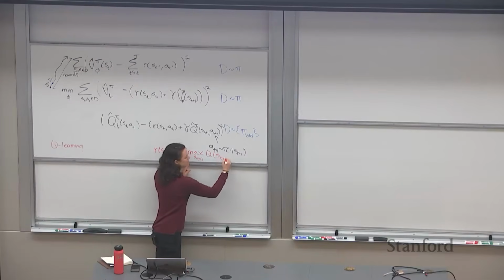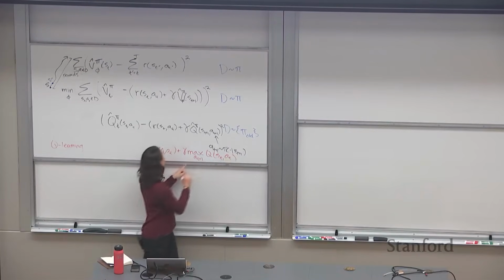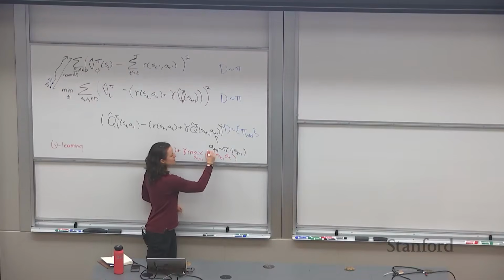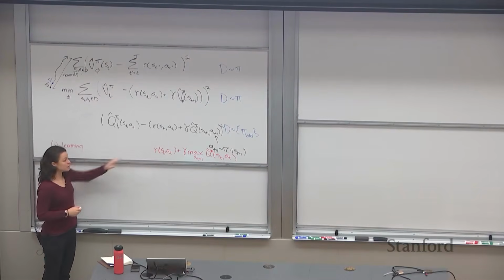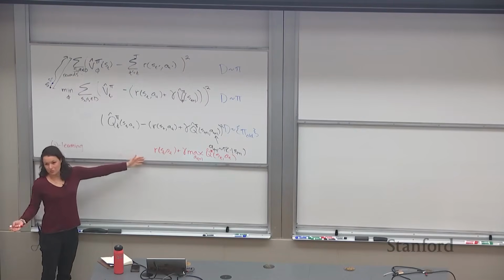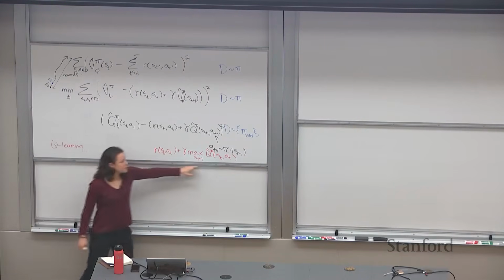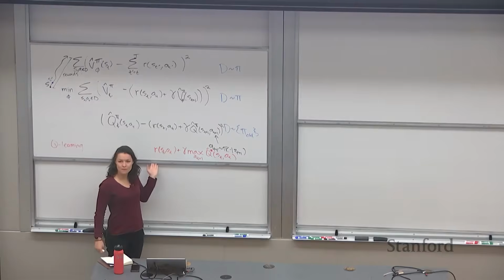Our goal here was to try to learn the Q function for the optimal policy. And this was also something that can be done off policy, without data from the optimal policy, as long as your estimates have good coverage.